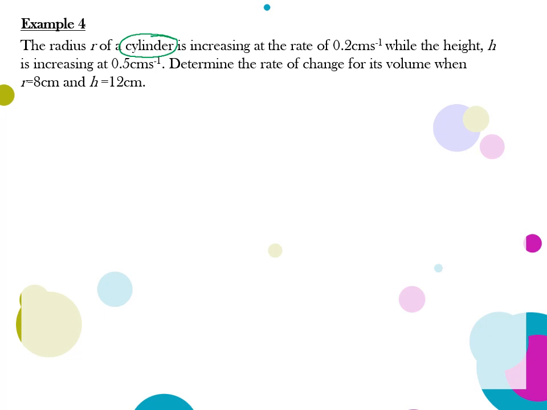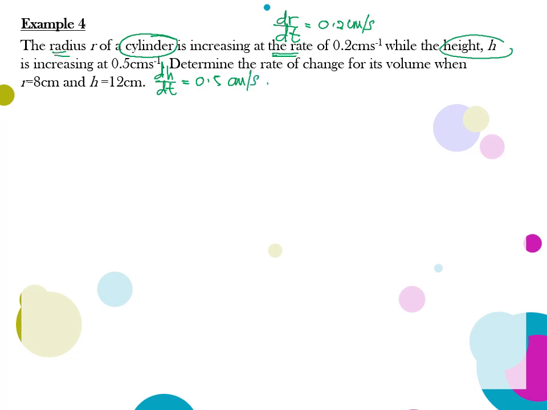So the rate of the radius, dr dt, is equal to 0.2 cm per second. While the height h is increasing at 0.5 cm per second. So the rate of height means that your dh dt is 0.5 cm per second.